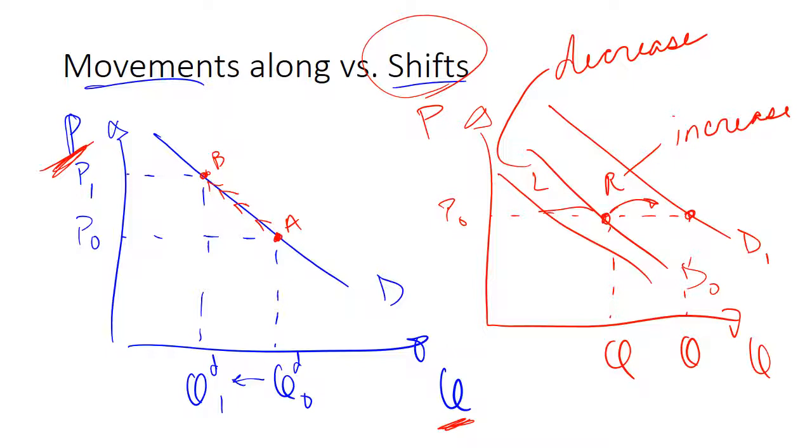Nail that down right away, and it's going to be a little weird because most of the time you're used to looking at a graph and you're accustomed to reading it up and down along this vertical axis. In this case, with supply and demand, we're constantly going to be reading from left to right. Demand curve goes to the right and Q increases. Okay?